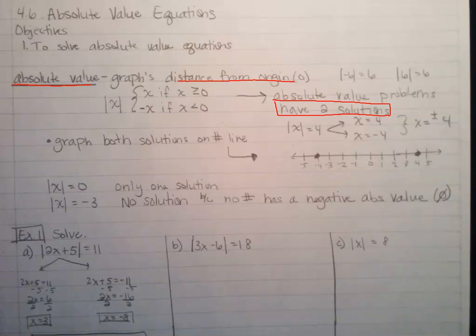Because if we say the absolute value of x equals 4, then x can be a positive 4 or it can be a negative 4. So we say x is actually equal to a positive or a negative 4. But we can write that positive and negative together.